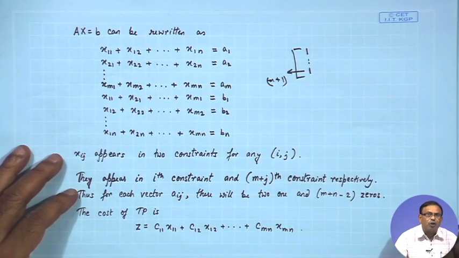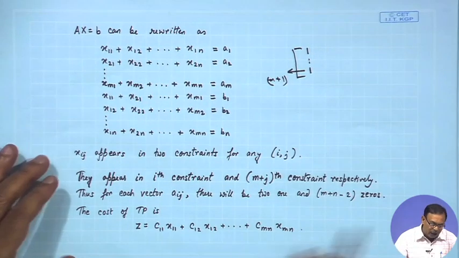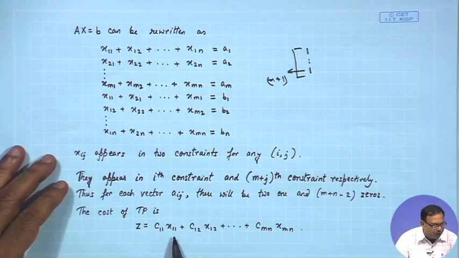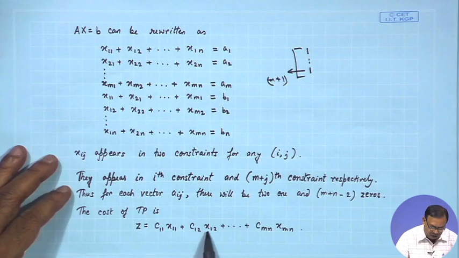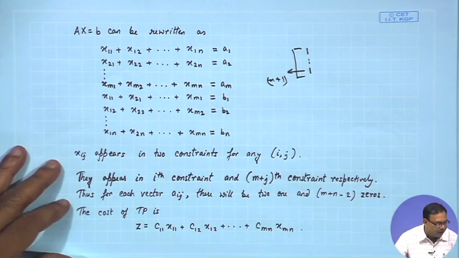So, the cost of transportation we can write down as z equals c11 x11 plus c12 x12 plus ... plus cmn xmn.